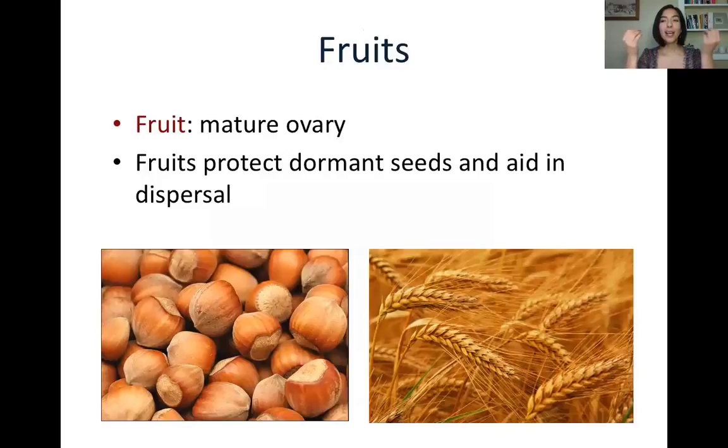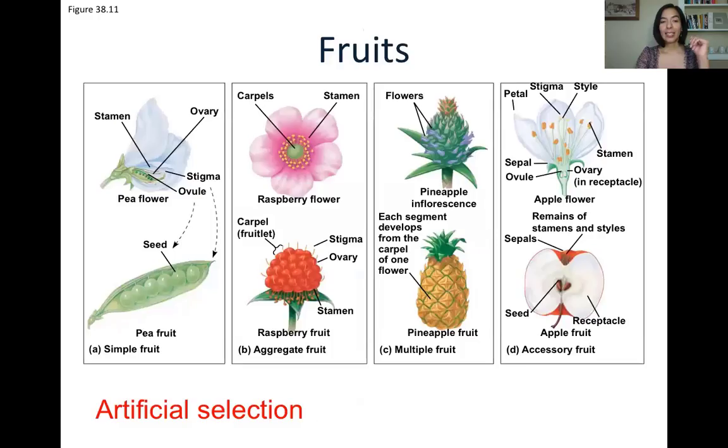So a fruit is a mature ovary. The fruit protects the dormant seeds, and the purpose of the fruit is to help with dispersal. We have different types of fruits depending on how many structures are involved in their formation. For example, if just one ovary of one flower is involved, then we say that it is a simple fruit.